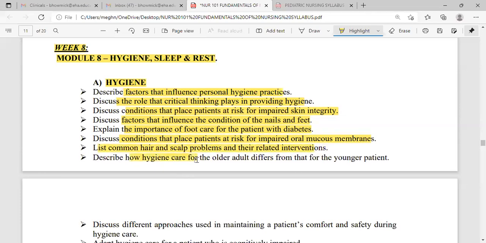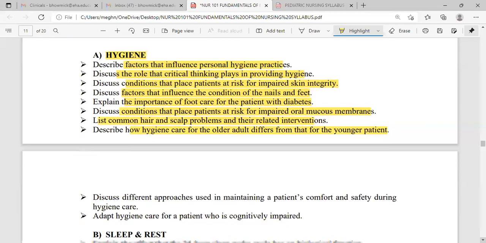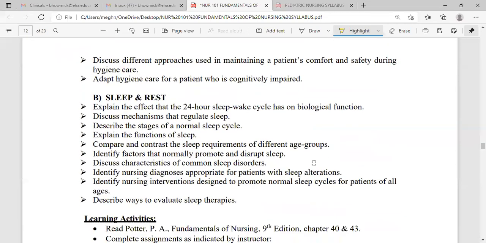Describe how hygiene care for older adults differs from younger patients. What else? Next, discuss the different approaches used to maintain patient comfort and safety during hygiene care, and also adapt the hygiene care for patients who are cognitively impaired, like Alzheimer's or Parkinson's disease.